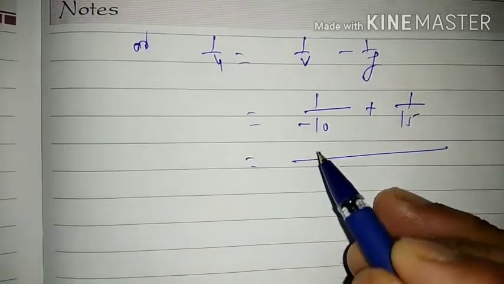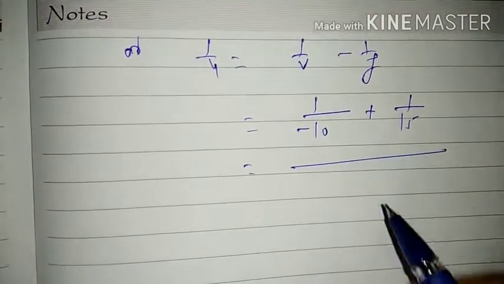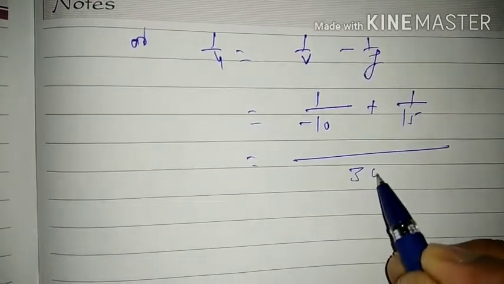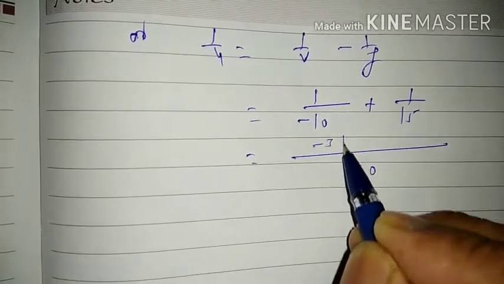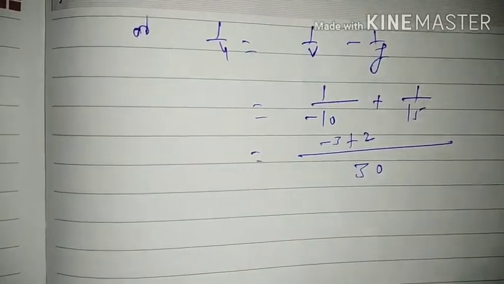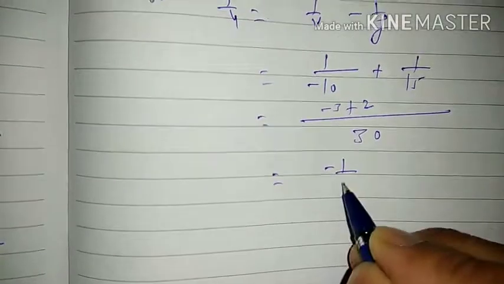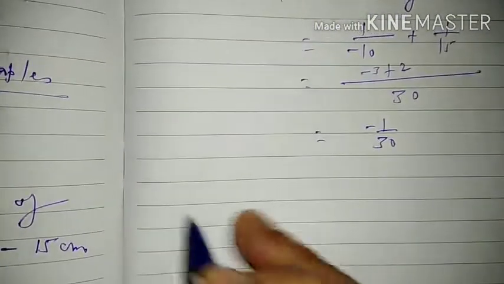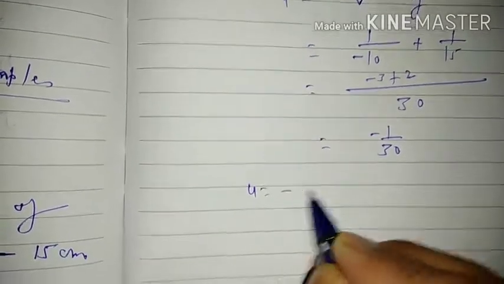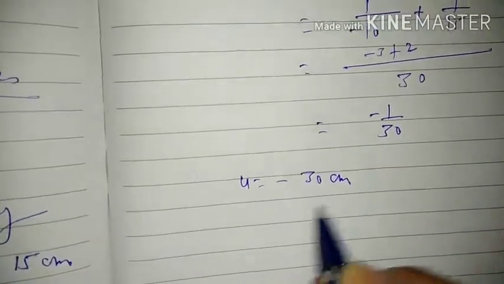Here what will be the LCM? The LCM of 10 and 15 is 30. So minus 3 plus 2 is equal to minus 1 by 30. Therefore u is equal to minus 30 centimeter.